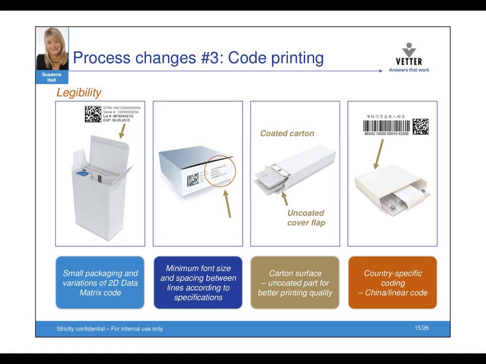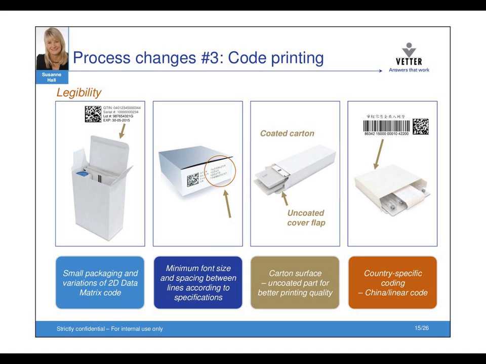Is the printing legible, not blurred, and so on? If there is not enough space for the human-readable data and the 2D matrix code on one side, you have to think about having this in two areas, maybe on the top and on the bottom of the carton. This means you need two printing and two camera systems.